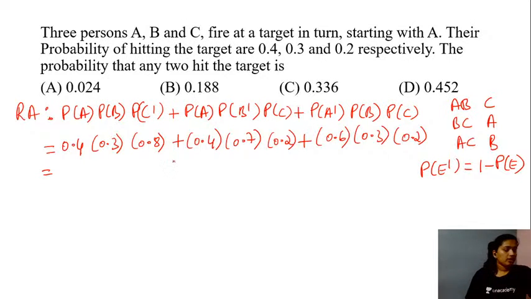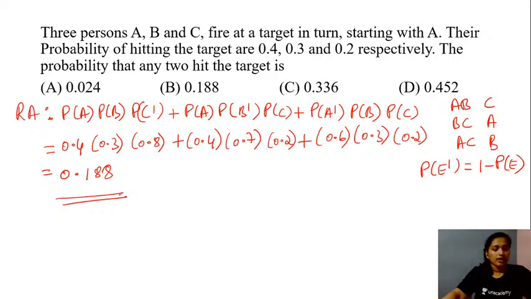Yes, is it equal to 0.188? Yes, students, you could do the necessary calculations here. The right answer for the given question will be your option B, that is 0.188.